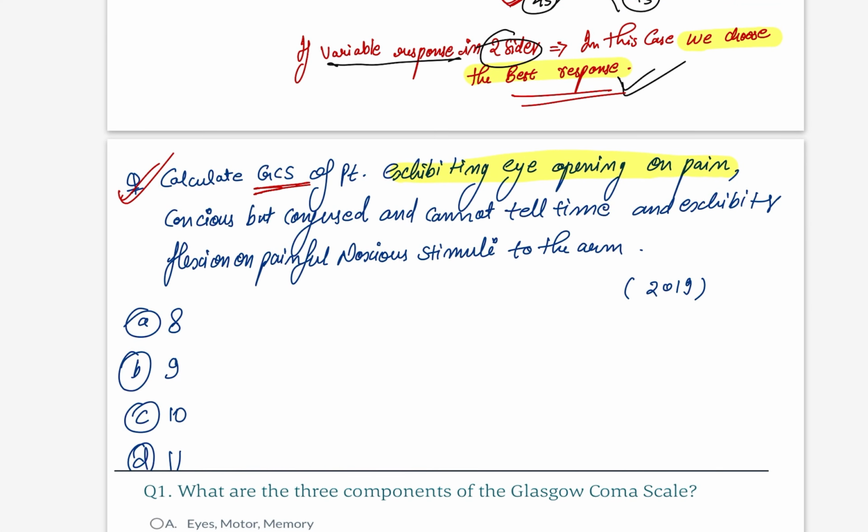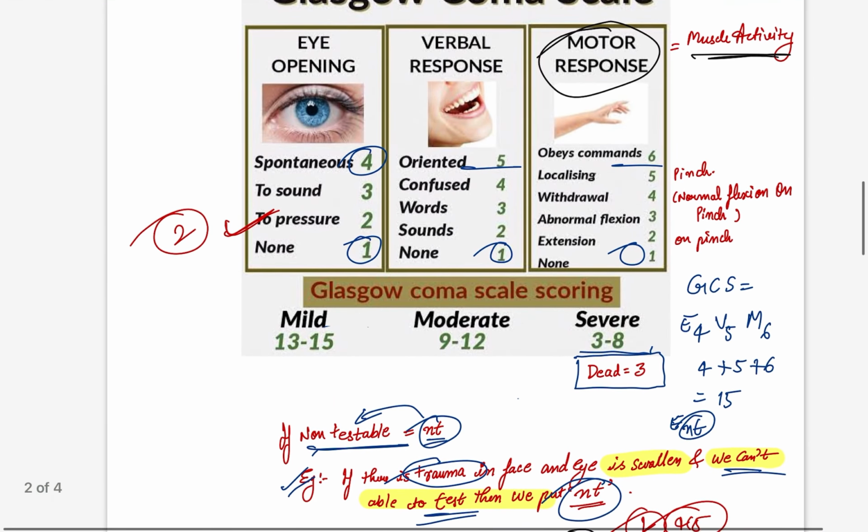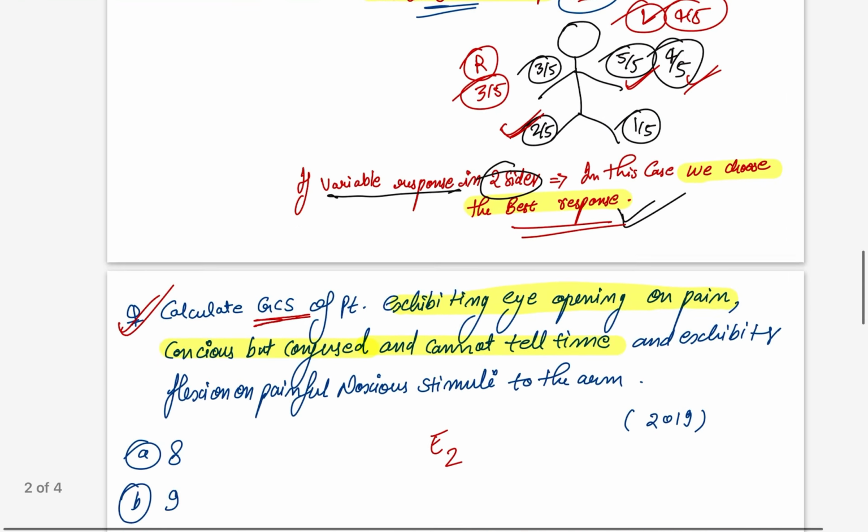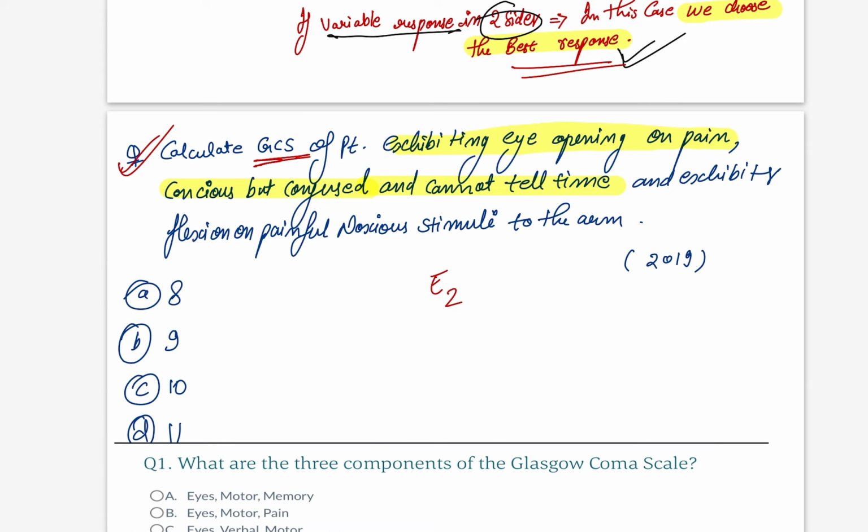So we can write here, on pain, it is E2. Conscious but confused, and cannot tell the time. Confused means 4. So we can write here V4. Now M. What for M?